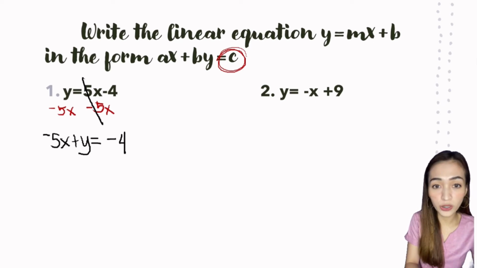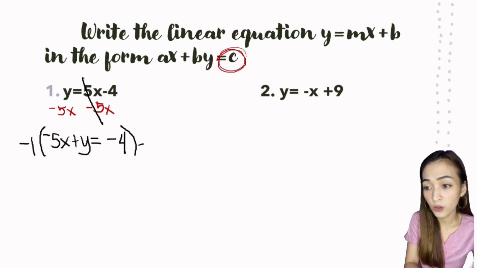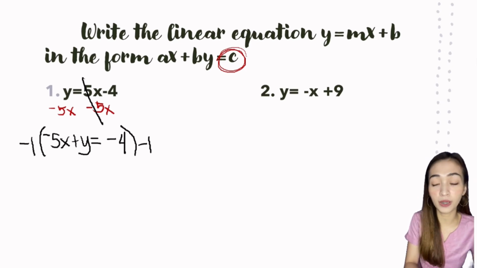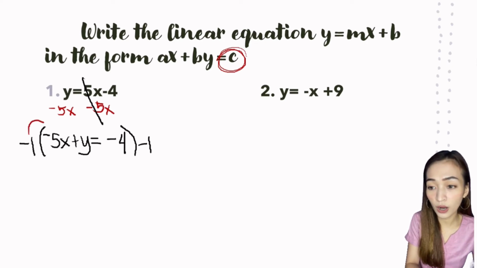So, now x should be positive. So, let's multiply both sides by negative 1 so that our x will be positive. So, negative 1 times negative 5x is positive 5x.